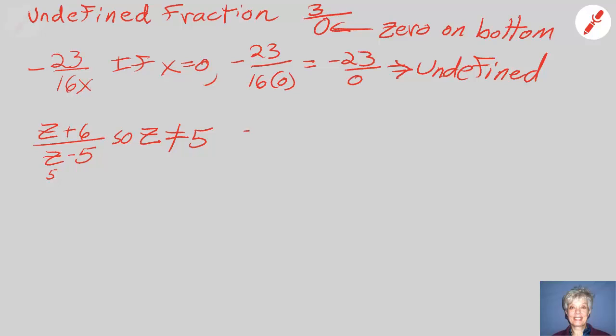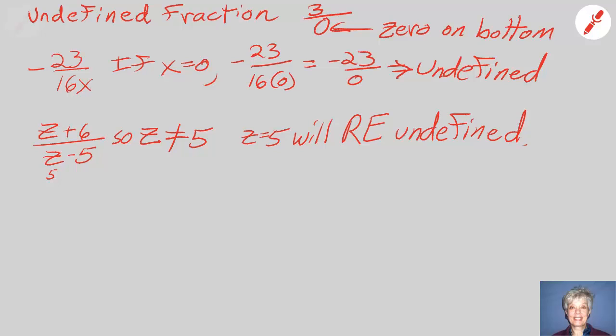So the number z equals 5 will make the rational expression undefined, and we cannot allow that to happen.